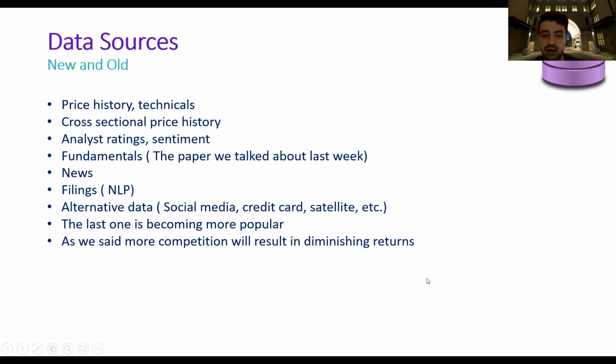Satellite images and all these things, and the idea behind it is that there's not much competition in this, and that's why it's becoming more popular. As we said, the more the competition, the harder it's going to be to make a profit, and that's why the alternative data sources are gaining a little bit of traction over the past couple of years.